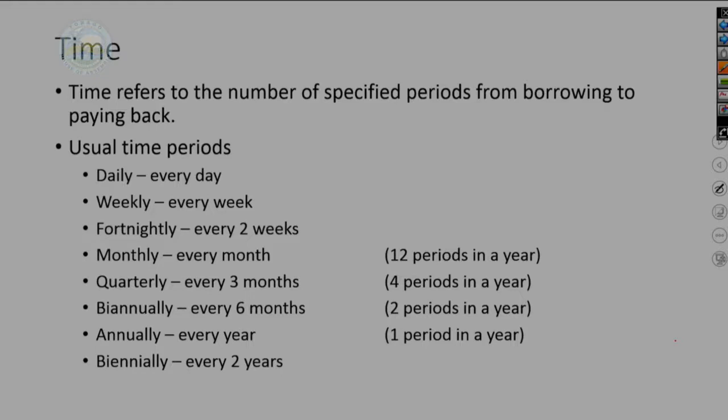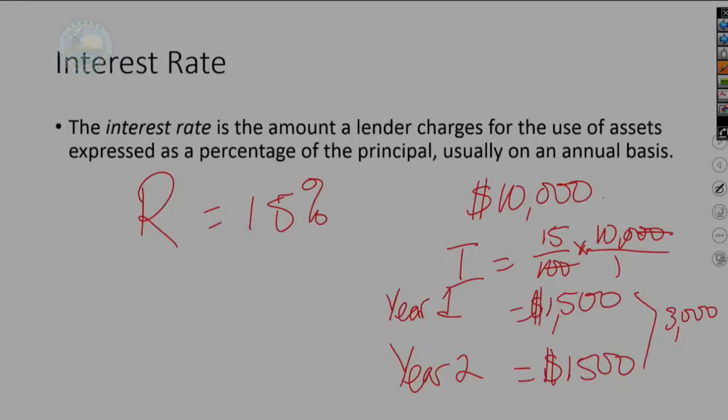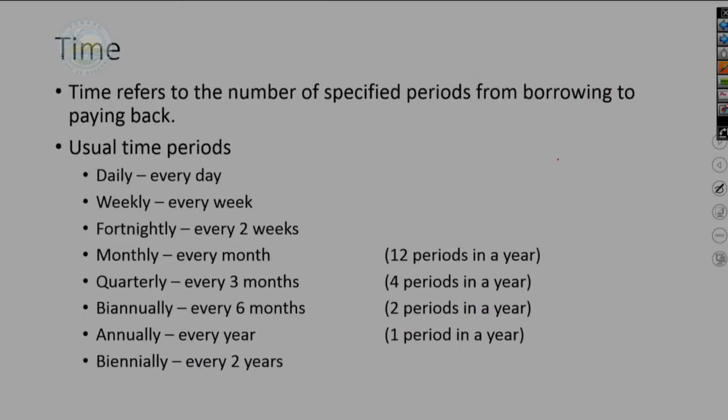Because time is a very important thing when it comes to investment. Now, before that, let me just go back a bit to talk about this. Interest rates. Now, yes, it's usually on an annual basis, but it can be a monthly basis, a weekly basis, a daily basis, a fortnightly basis. It all depends on your time period. And that's why we have to look at our time period.